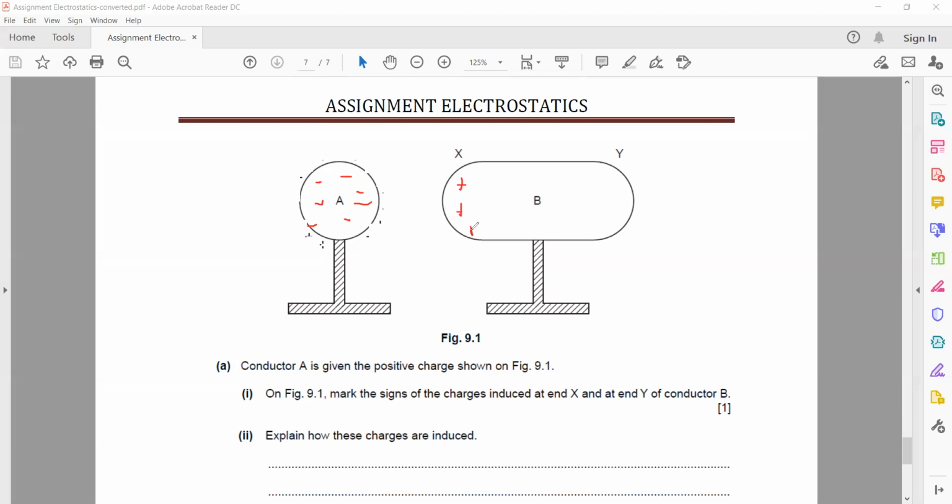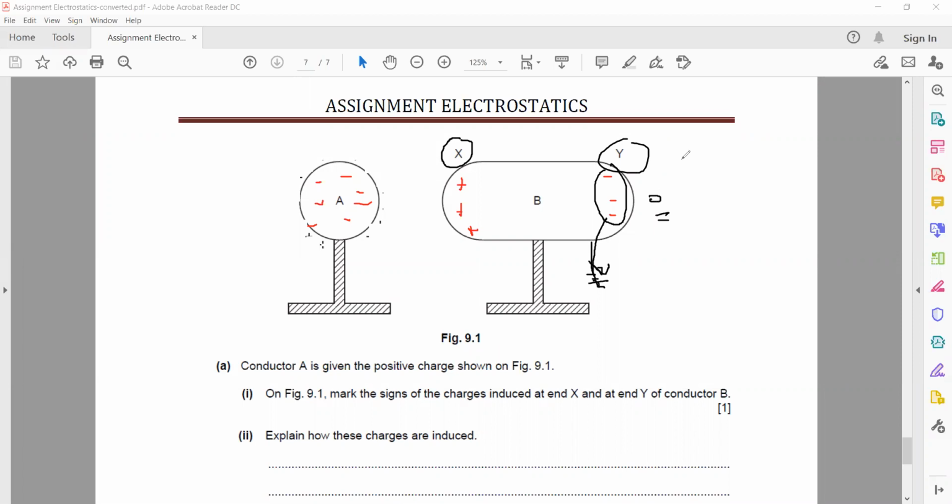What will be the charge at Y? Negative. And if I connect an earthing wire, what happens? Because this negative charge is repelling these electrons, they will go out. So after connection of the earthing wire, the charge at X will remain positive, but the charge at Y will be 0, because the extra electrons move out from this sphere.